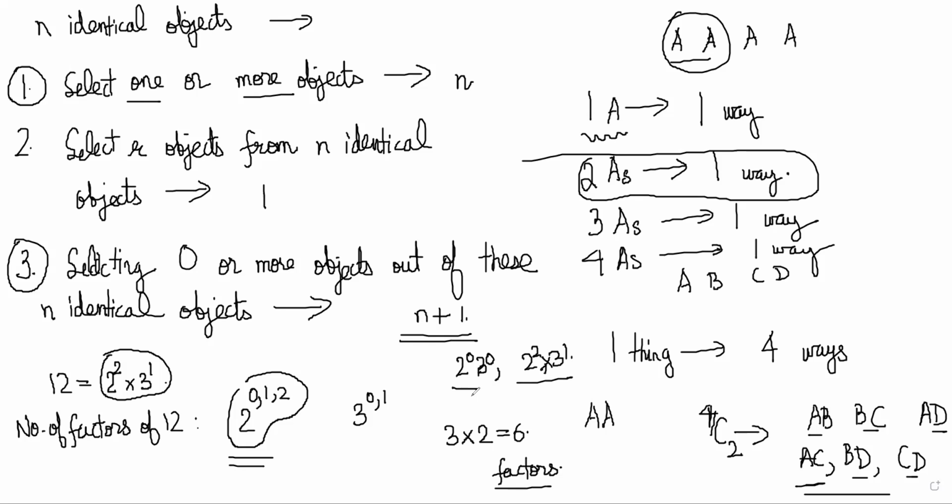Are you understanding? Yes, sir. So for example, find the number of factors of say 72, right? I will do the prime factorization of 72, which will be 9 into 8, so 3 square into 2 cube, right? Now, the number of ways to select 3, and each 3 is identical, right? There is no difference between one 3 and another 3.